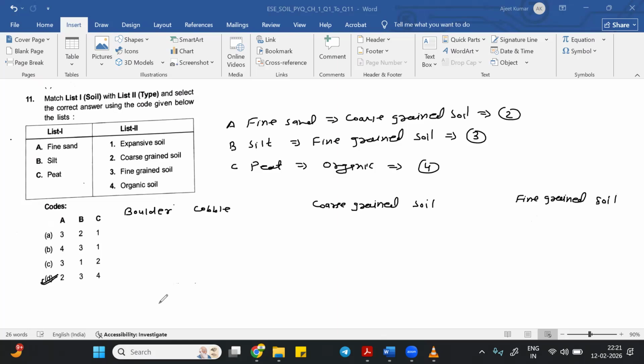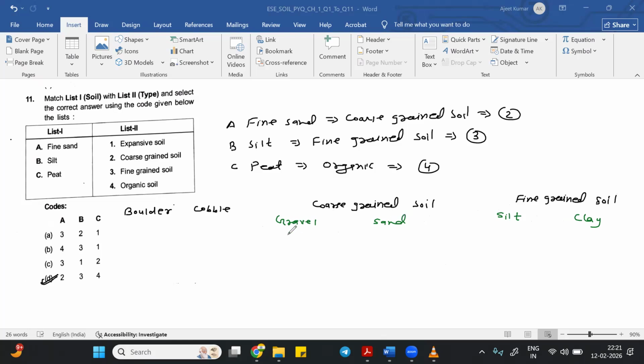In fine grained soil, there are two soils, that is silt and clay. And coarse grained soil is gravel and sand.